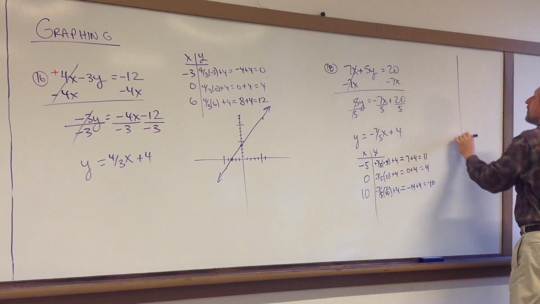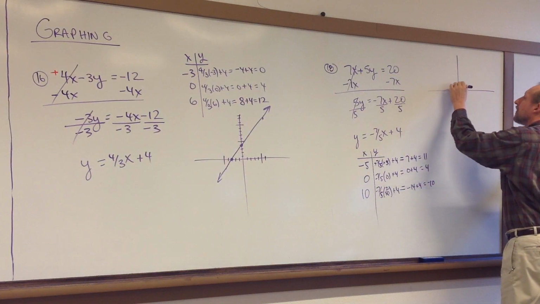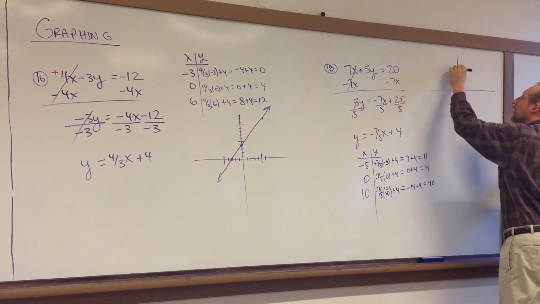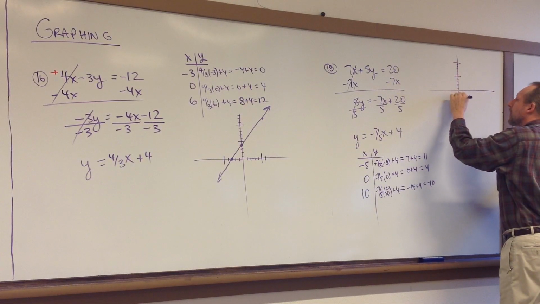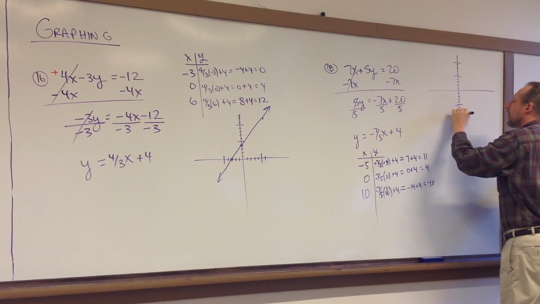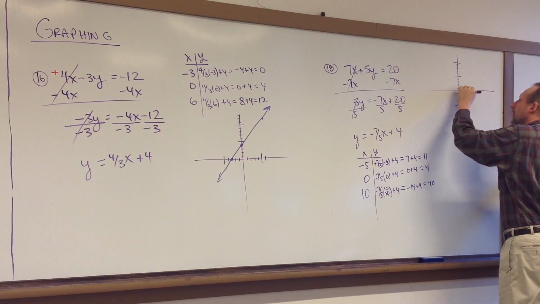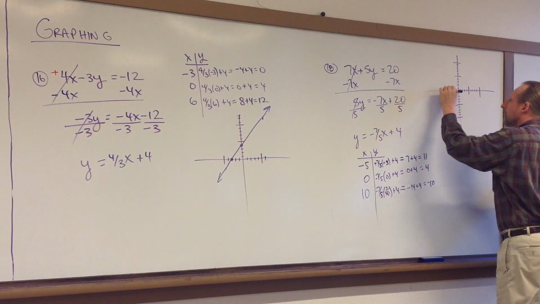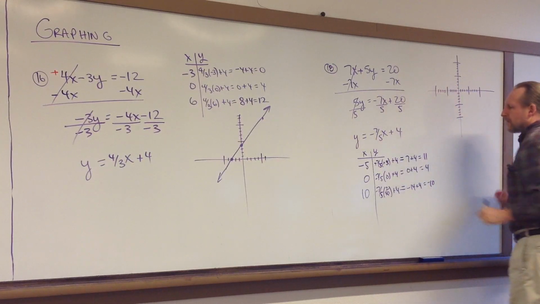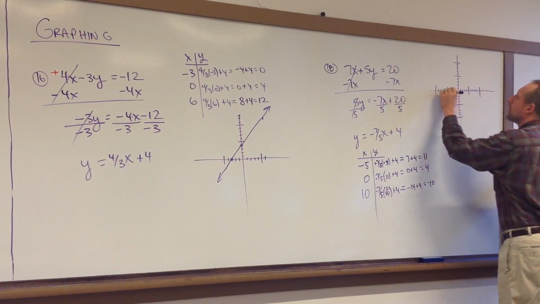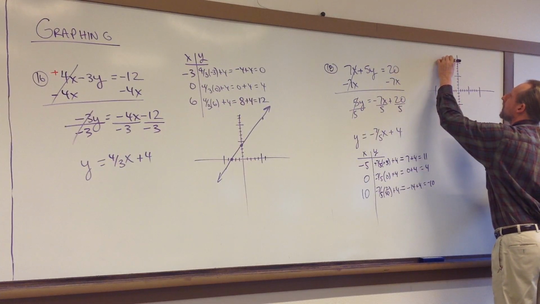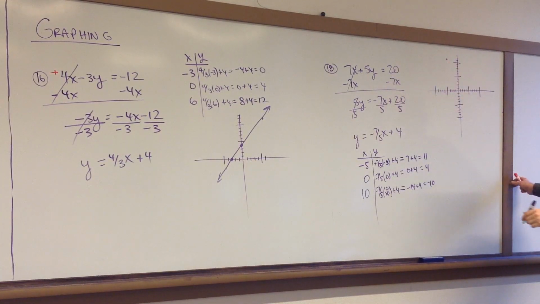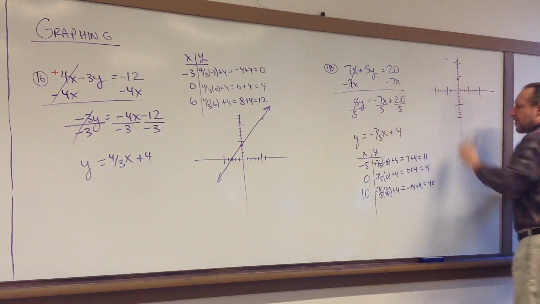All right, so let's see what we get here. Okay, negative 5 goes up to positive 11 there. 0, 4.